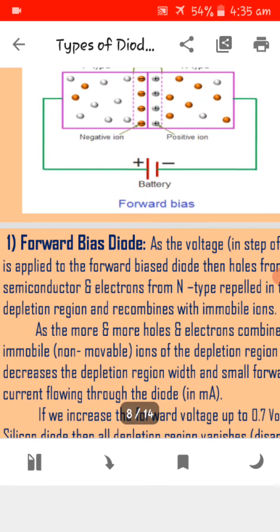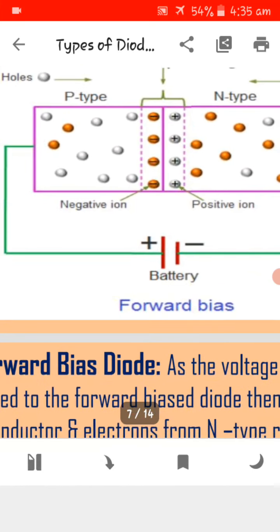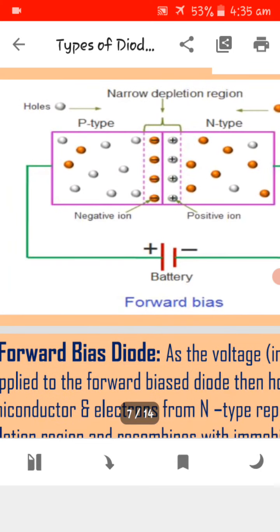Since all the immobile ions of the depletion region are combined with the holes and electrons of the p-type and n-type regions, all the depletion region gets vanished, and the maximum number of electrons flows from the battery to the n-type semiconductor to the p-type semiconductor and to the positive terminal of the battery.